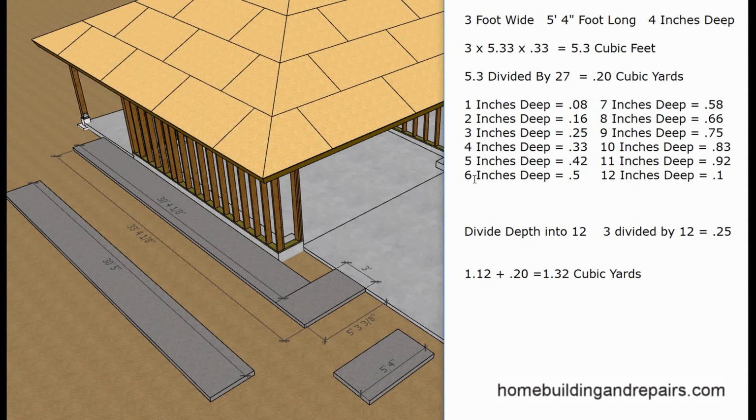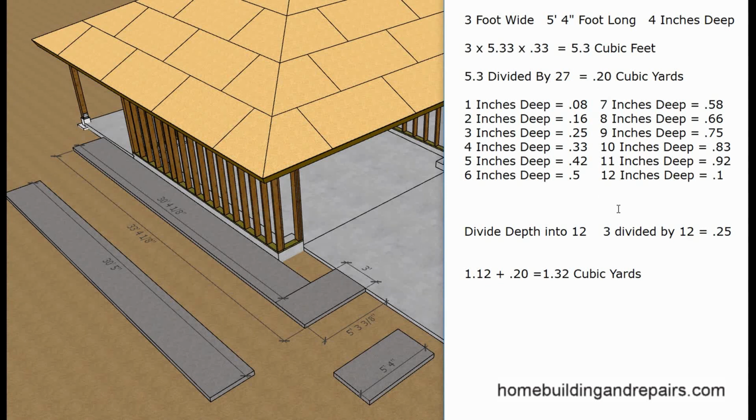I'm just breaking the inches down into decimals here for you. 4 inches is 0.33. 5.33 is 5 foot 4 inches as a decimal. Times 0.33 of the 4, 5.3 cubic feet. 5.3 divided by 27 is 0.20 cubic yards.